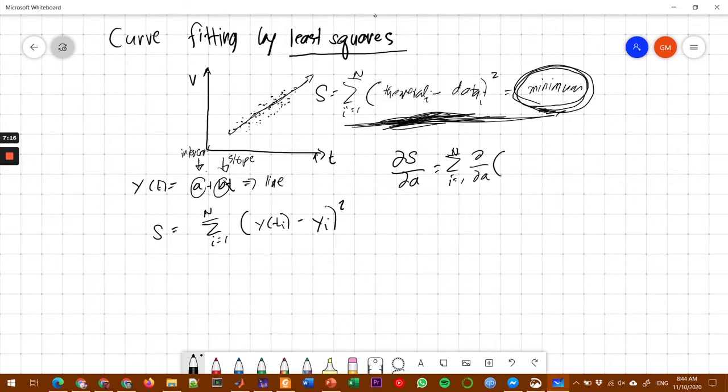The equation for y of t sub i is just given by a plus b t sub i, minus y sub i, and that has to be squared. And then this is equated to 0, since it's a minimum. So you want to derive, you should be able to get this.